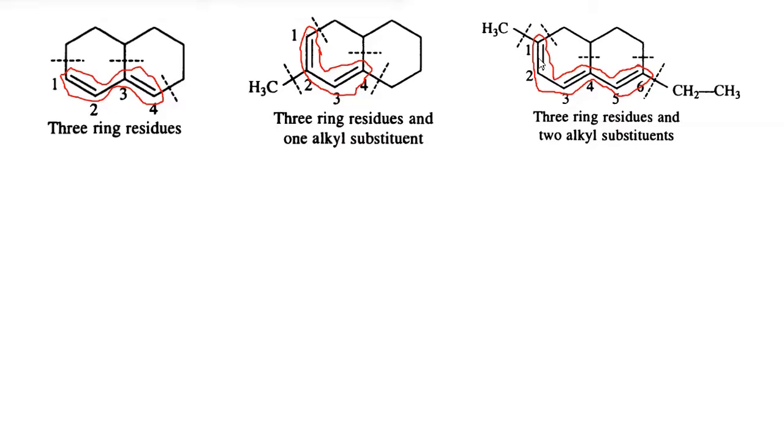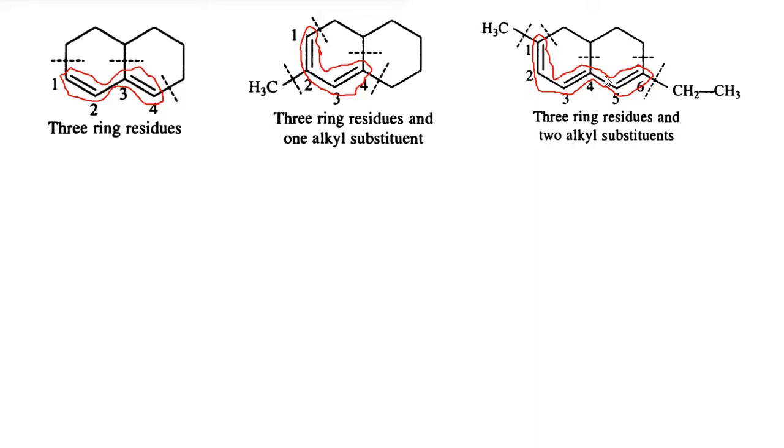So we take the homoannular diene as our basic system if a molecule contains both systems. Thus, in this molecule, our system is the homoannular diene system, and you can see this homoannular diene system is extended by a conjugation, that is, another double bond is present here, so it is a conjugated system.